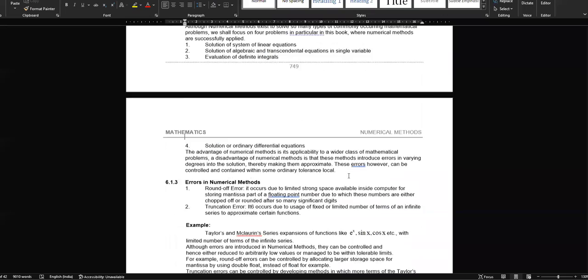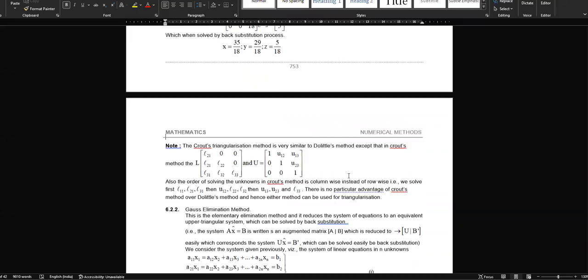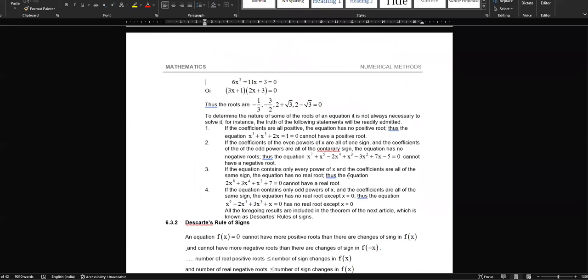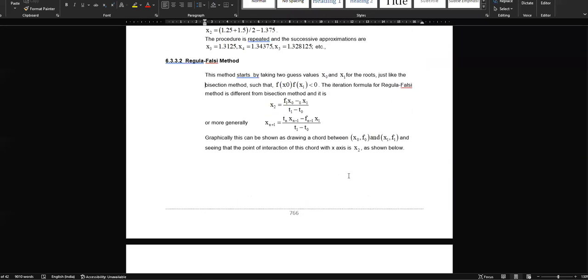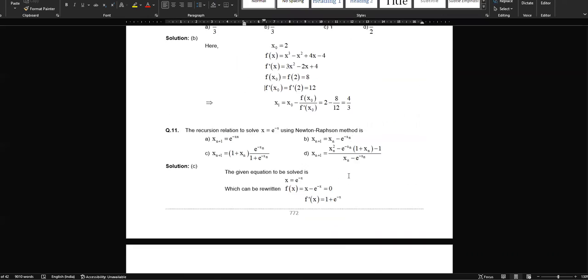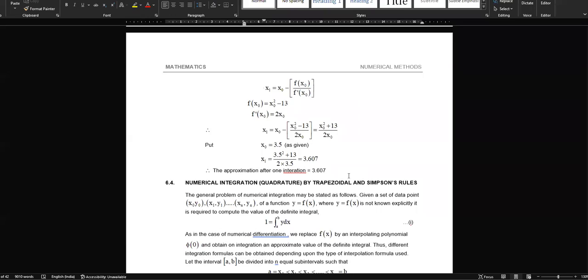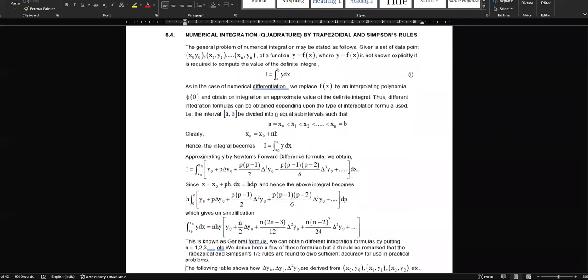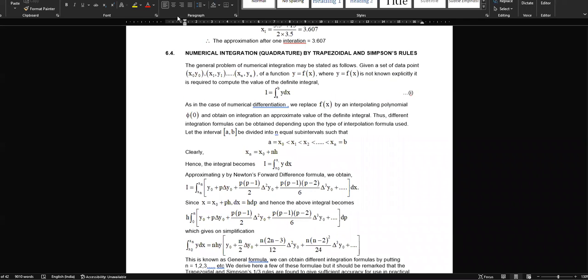Once we understand this, first we will describe what is called the Newton-Cotes formula for numerical integration.